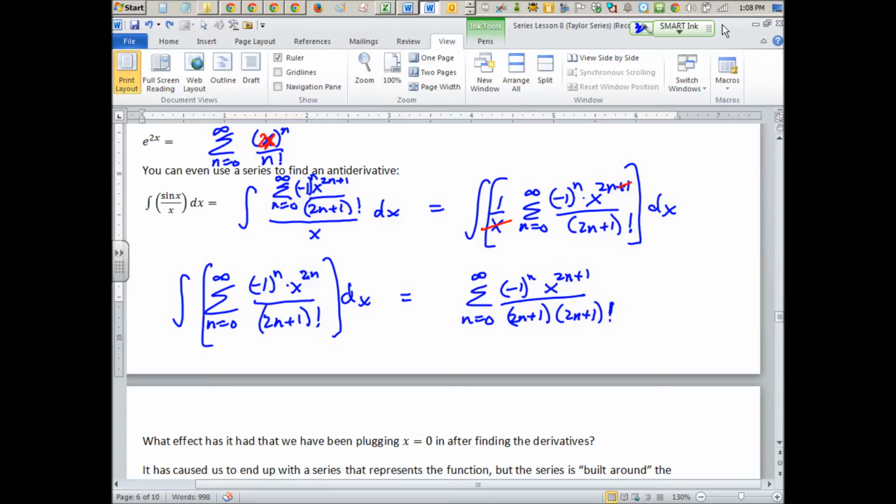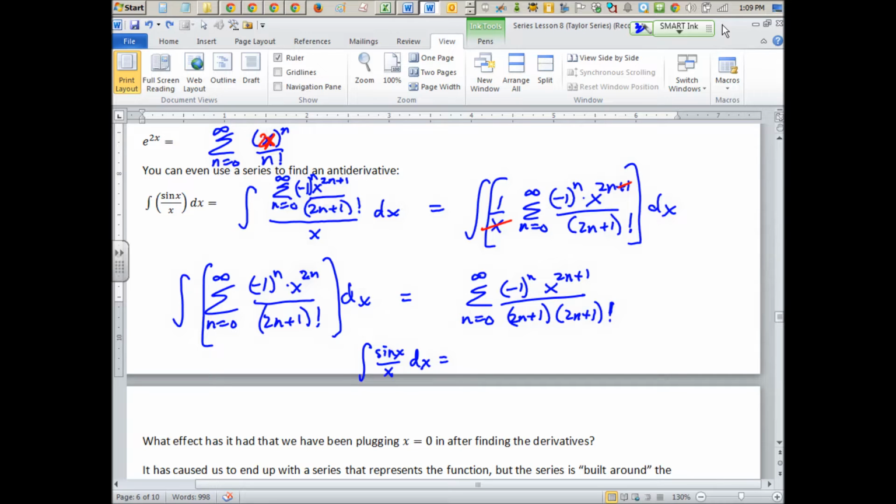So next time someone asks you to integrate sine x over x, instead of saying, I don't know how, you could say, well, I can write a series for sine x, and then I can integrate the series. You could do that. They'll like you if you do that. Here's what happens.